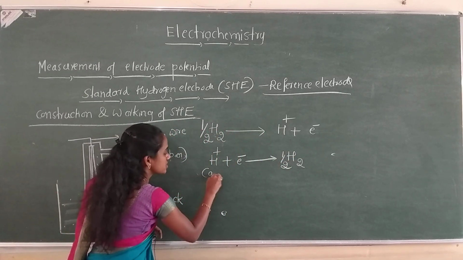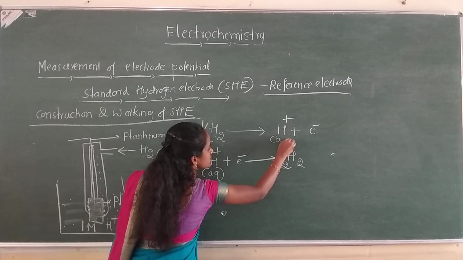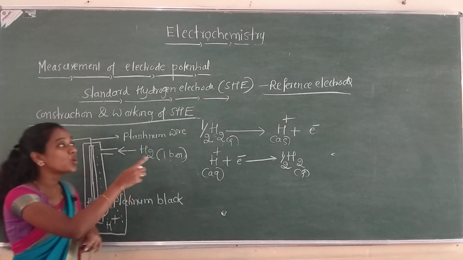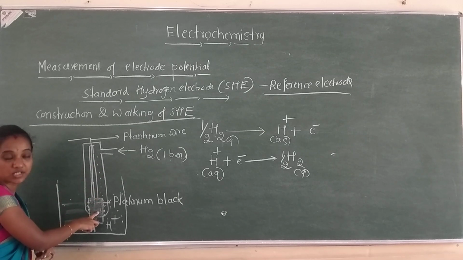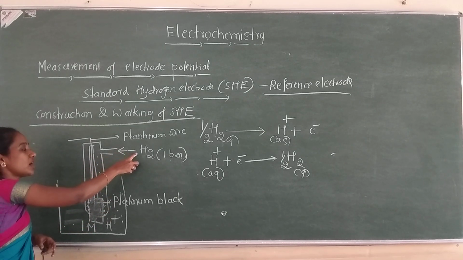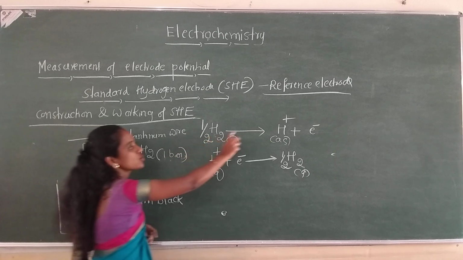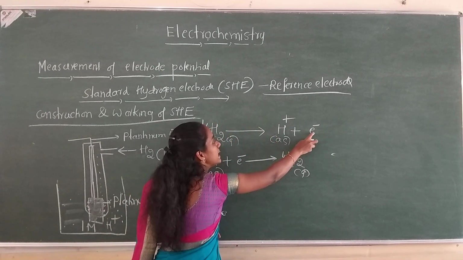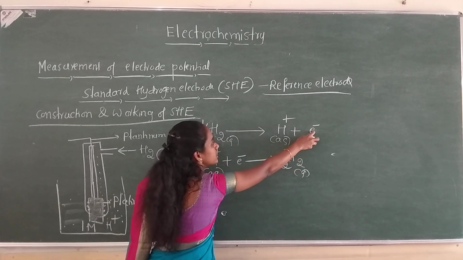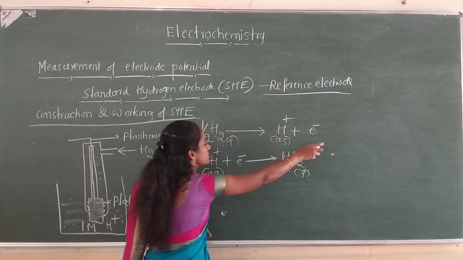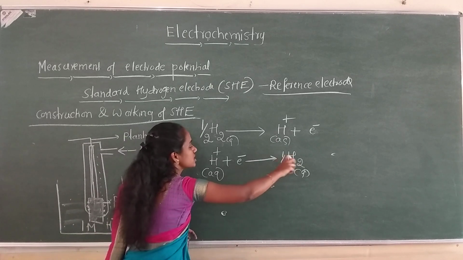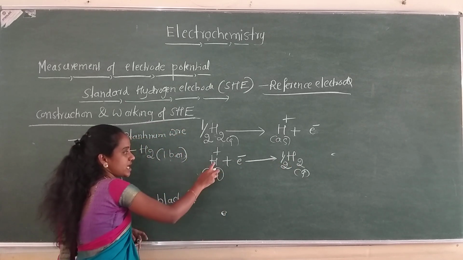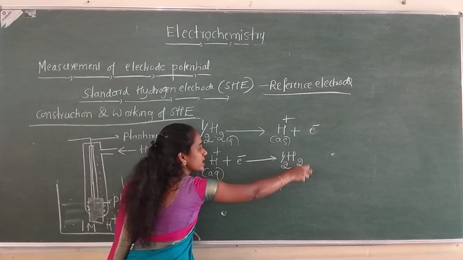So H plus is in aqueous solution, and here also it is aqueous, whereas hydrogen is a gas. There are 2 processes occurring simultaneously. One is hydrogen undergoing oxidation, where loss of electrons takes place. The other is a reduction reaction, where addition of electrons takes place, H plus converting into H2.